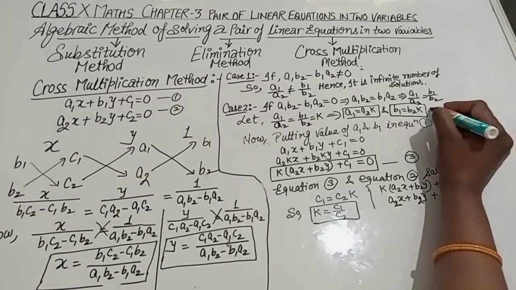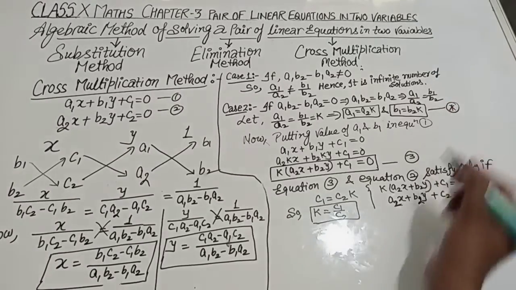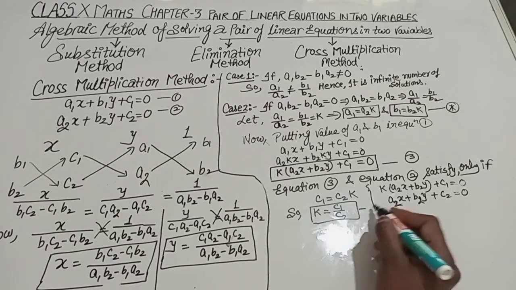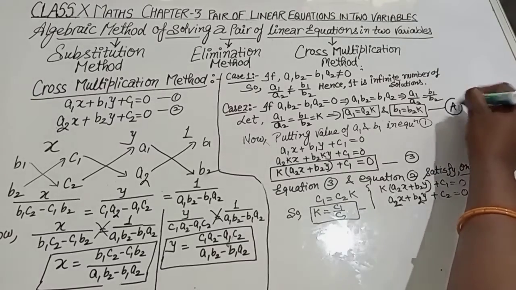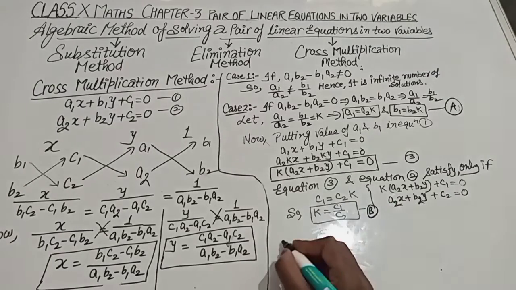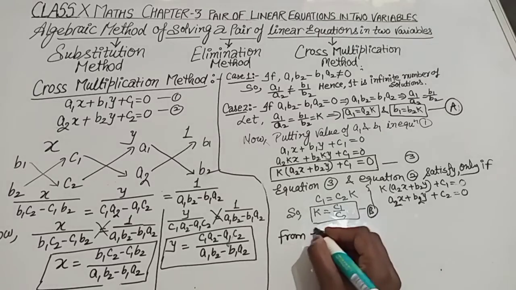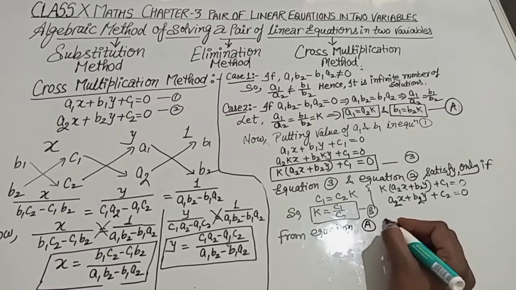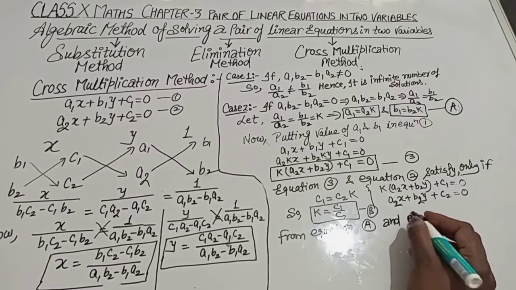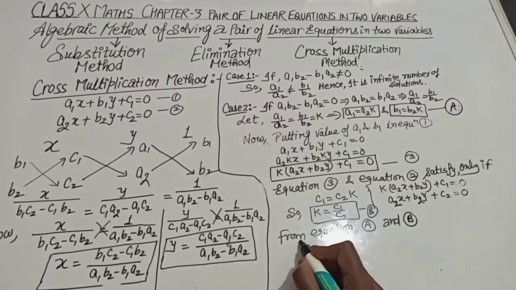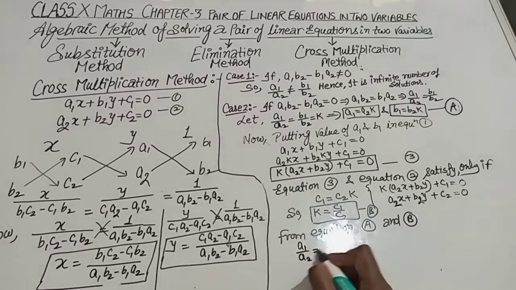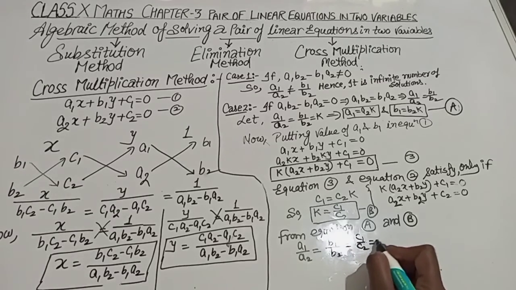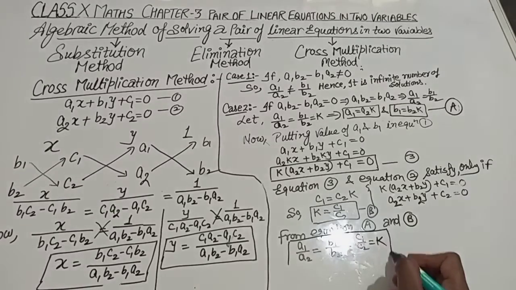From equations a and b, you have observed that a1 upon a2 is equal to b1 upon b2 is equal to c1 upon c2 is equal to k.